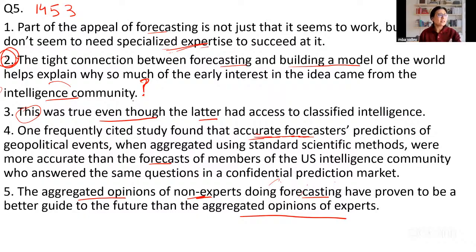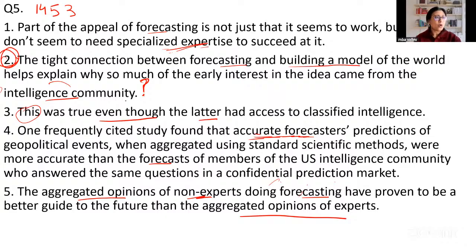If you consolidate, what is sentence one basically doing? Sentence one introduces the main idea that forecasting is appealing because it works even without requiring specialized expertise. Sentence number 5 builds on this idea. Sentence 5 highlights that non-experts can also do this and outperform the experts. Sentence 4 provides support for the claims made in sentence number 5.